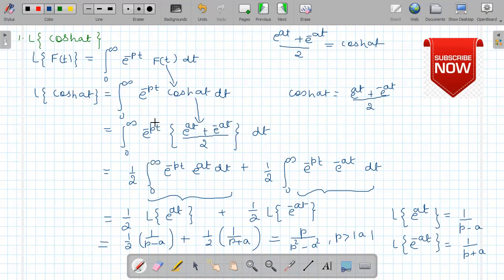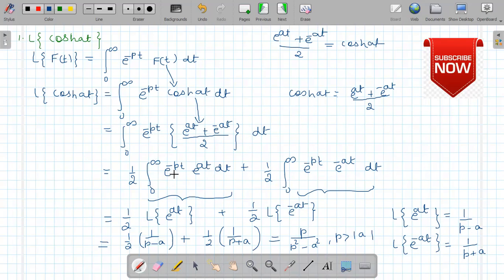Now we take this exponential function inside the bracket and multiply it with these two, so that we get the integral of e raised to the power minus pt times e raised to the power at, and plus the second integral, e raised to the power minus pt into e raised to the power minus at.